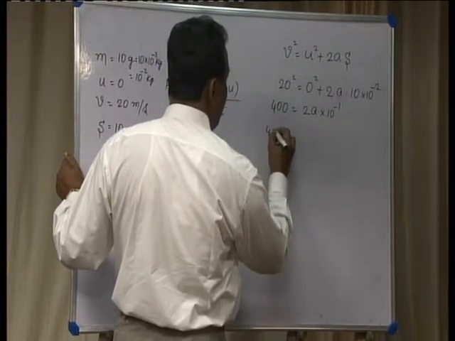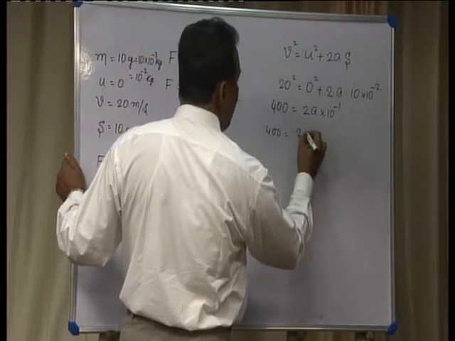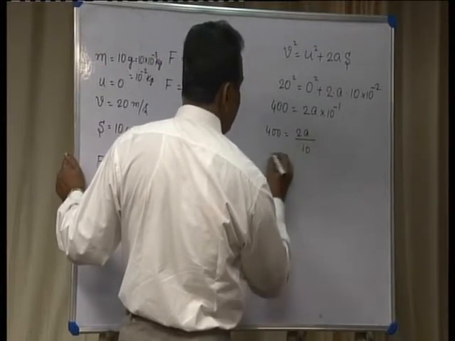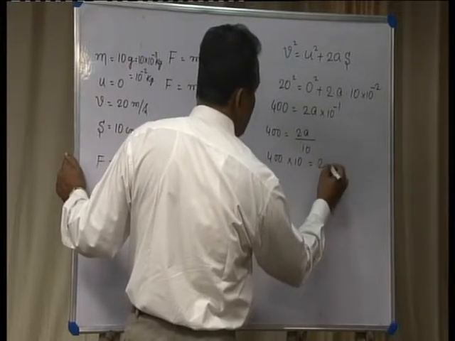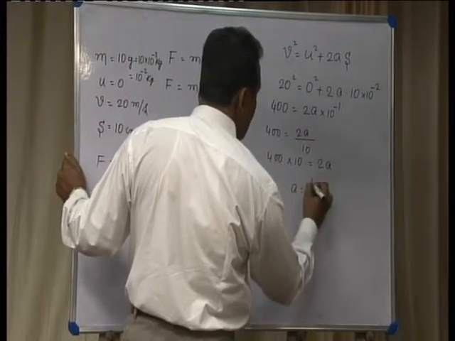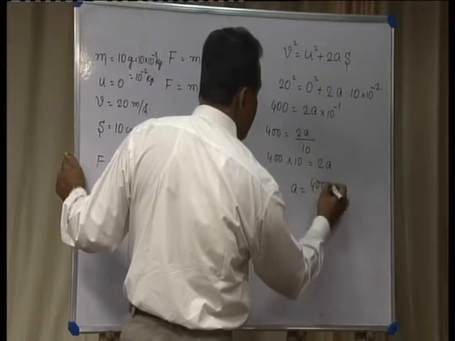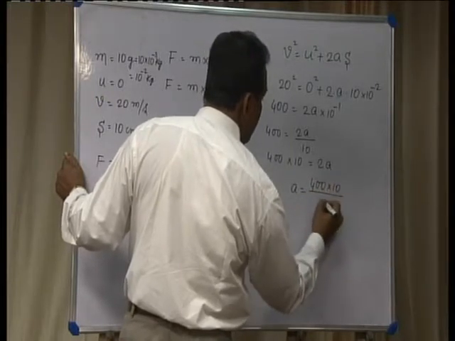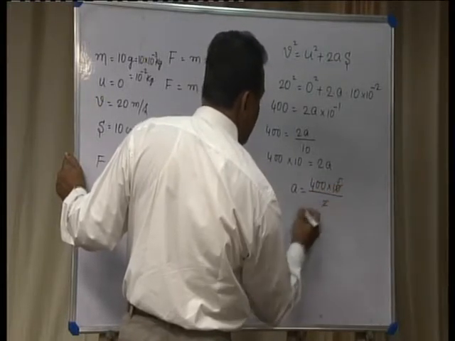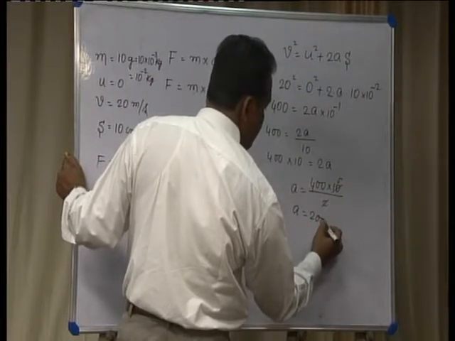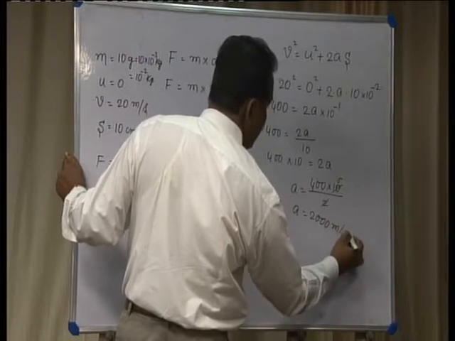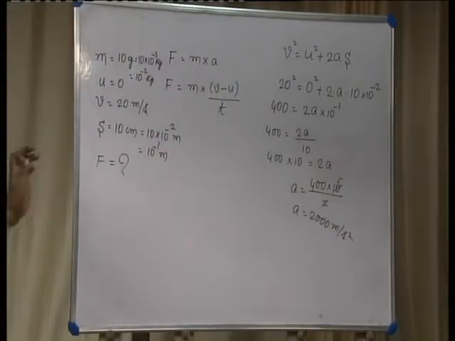This is 400 is equal to 2a divided by 10. Cross multiply it: 400 into 10 is equal to 2a, a is equal to 400 into 10 divided by 2. 2 ones are 2, 2 fives are 10, a is equal to 2000 meter per second square is the acceleration.